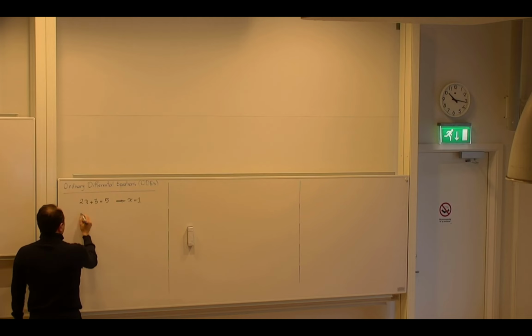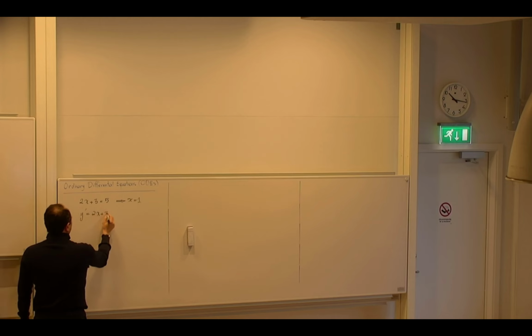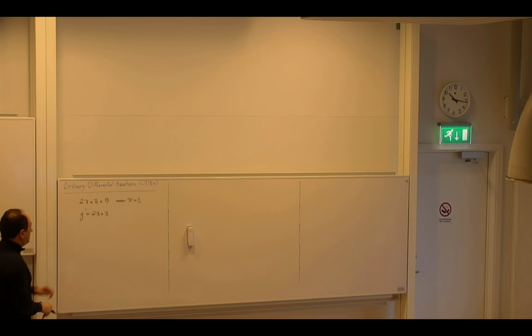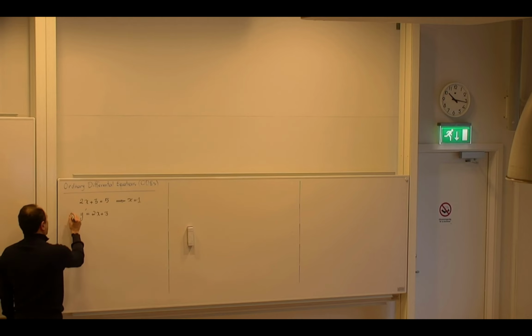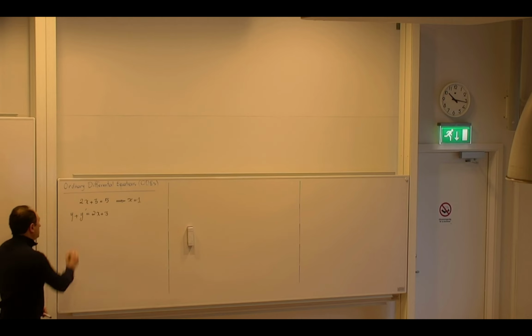So, for example, this is a differential equation: y prime equals 2x plus 3. Here, this is an equation. I have equality, and this is a differential equation because my unknown function is y. So let me also add, for example, 2y.